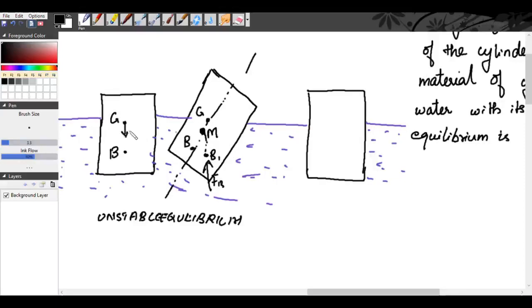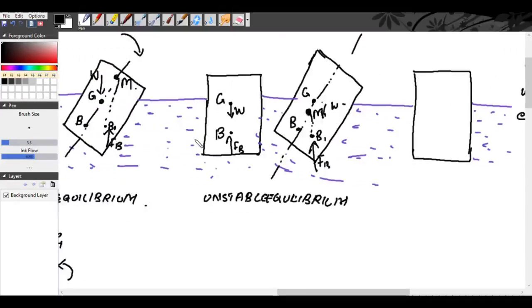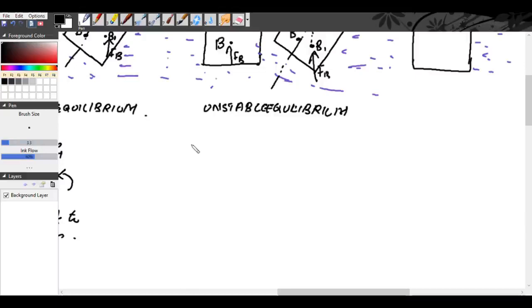The weight acts downwards, the force of buoyancy acts upwards. Here also the weight acts downwards. So for unstable equilibrium, the first condition is our M lies below the center of gravity.